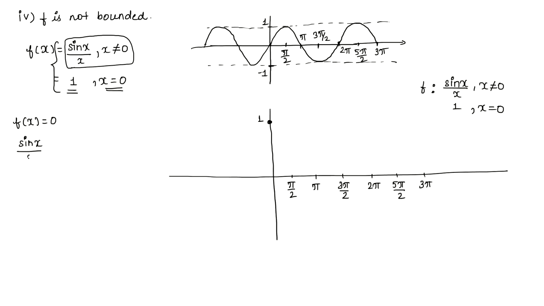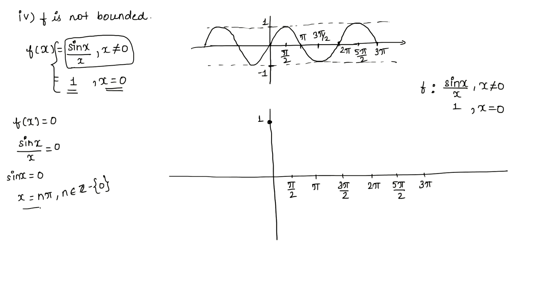So sin x by x is equal to 0 gives us x is equal to 0 and sin x is equal to 0, and sin x is 0 at all the multiples of pi, n pi, where n belongs to Z. We will not be including 0 in this set of all integers, because if we put n is equal to 0, x will be equal to 0, and it is already given that at x is equal to 0, f of x is equal to 1.